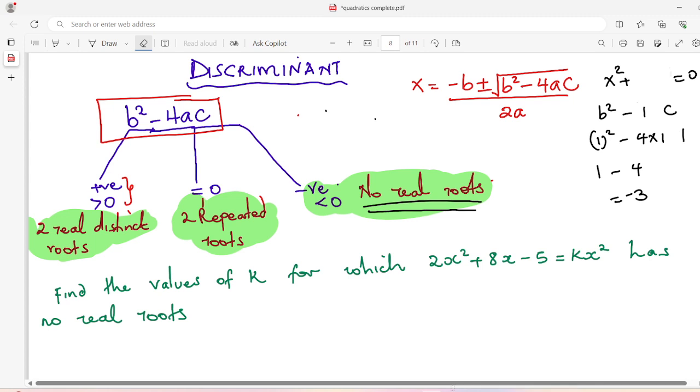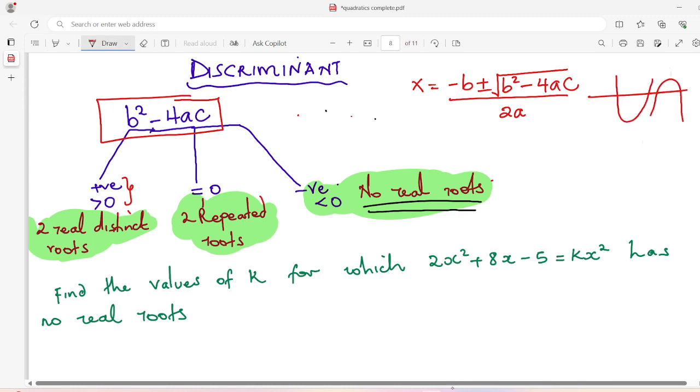So if you have it positive, it means you will have two solutions. Okay? It means your quadratic graph will cross the x-axis twice, whether it is a minimum or maximum. If you have it equaling 0, this is where you find that your graph is touching the x-axis once.